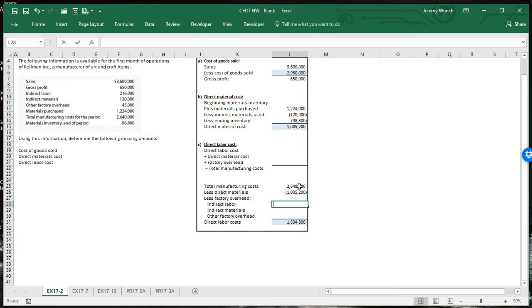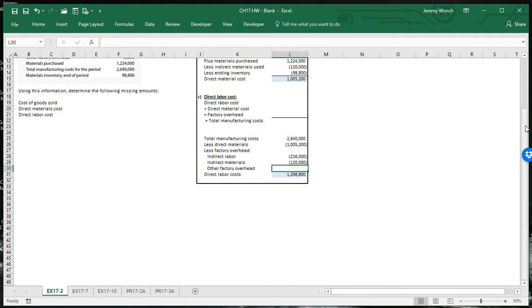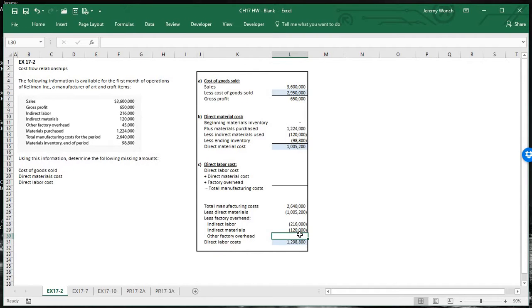Then we take out the indirect labor cost, which is 216,000, take out our indirect material cost of 120,000, and take out our other factory overhead cost of 45,000, and we will back into our direct labor cost of 1,253,800.